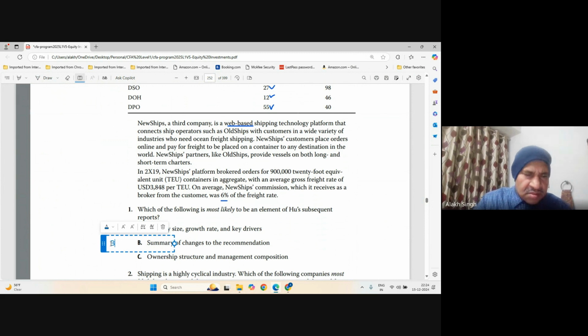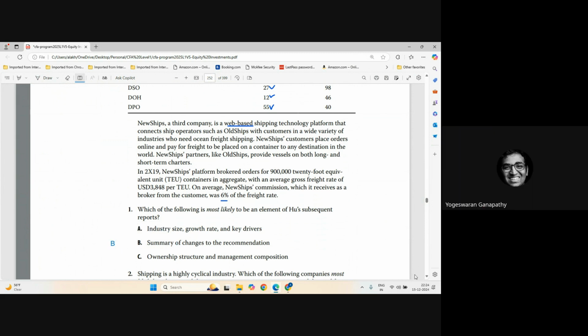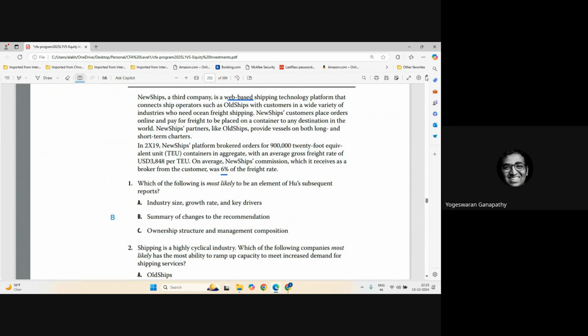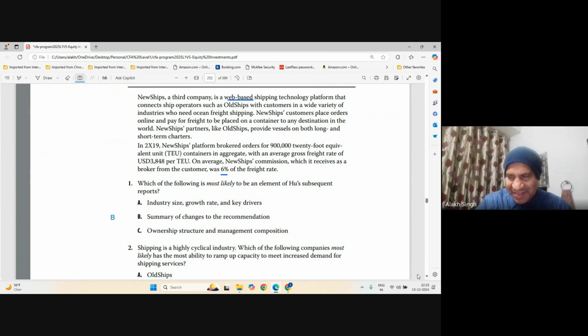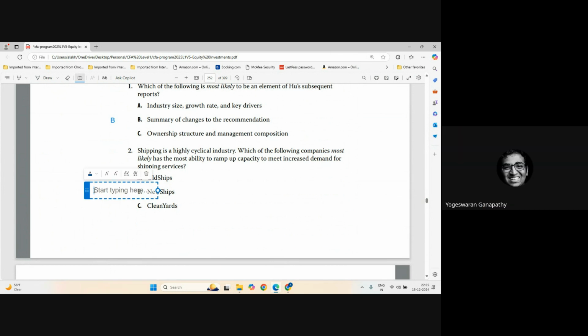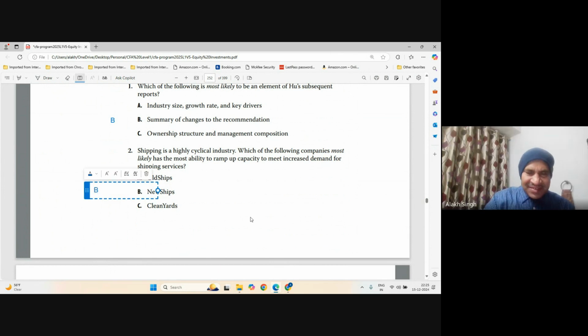Shipping is a highly cyclical industry. Which of the companies most likely has the most ability to ramp up capacity to meet increased demand for shipping services? So Amazon, then this Amazon, the NewShips. NewShips, because Amazon doesn't have to invest anything. Yes, sir, it can easily meet cyclical demand.